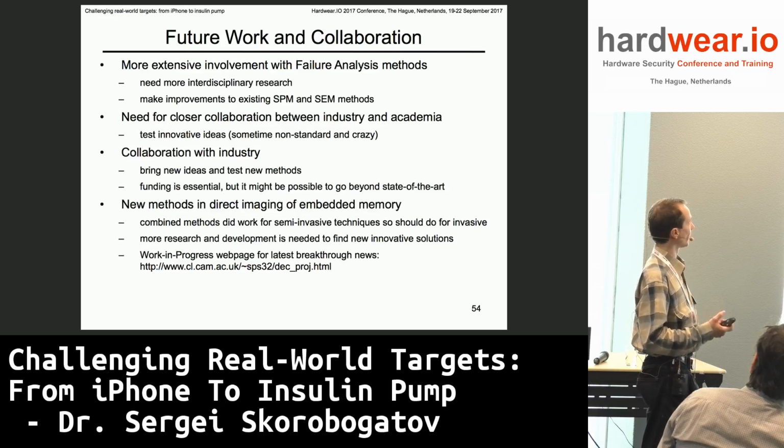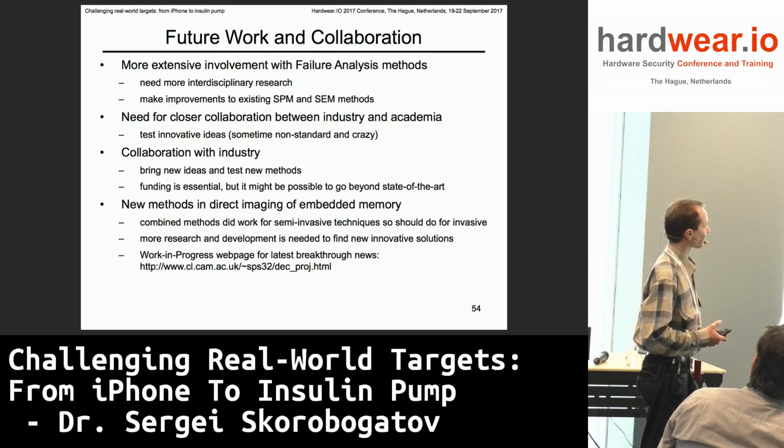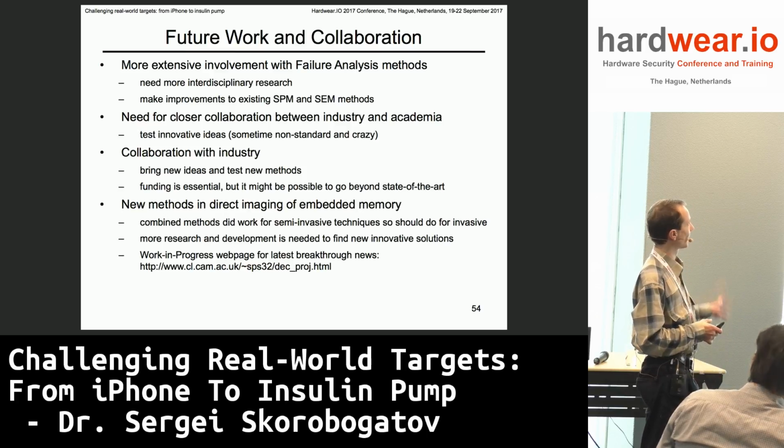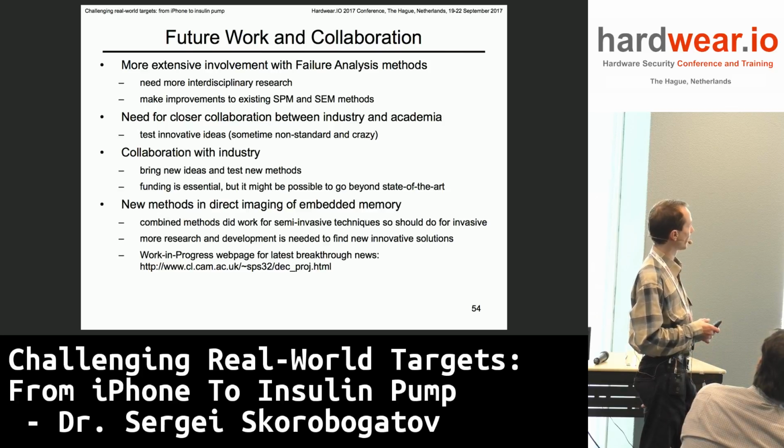And for any research in that area, funding is essential. So you always need a good collaborator to try and implement the ideas. And so the main direction of my current research is aimed at direct imaging of the embedded memory.